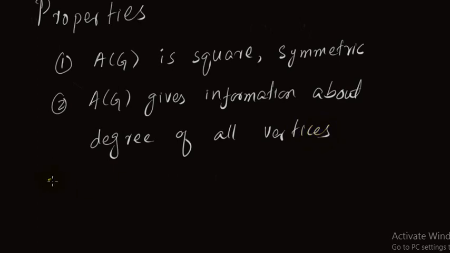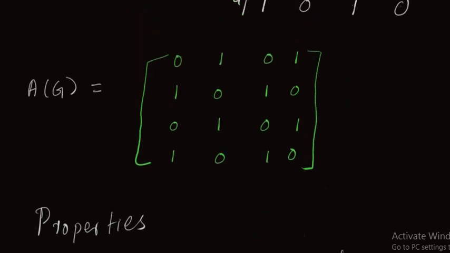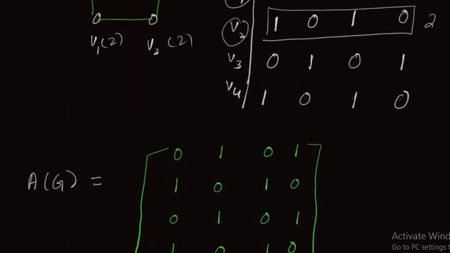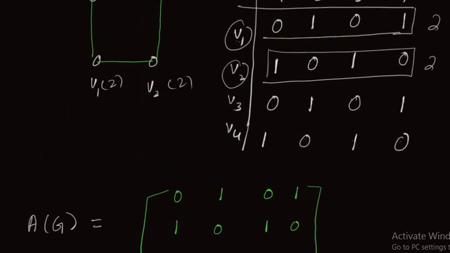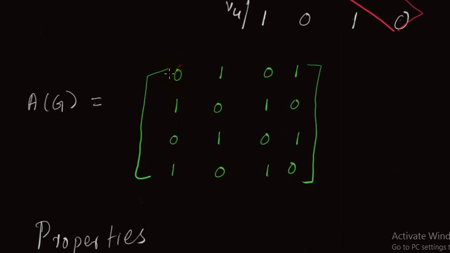Now we move to the third property of the adjacency matrix. In this adjacency matrix, we see that all the diagonal entries are 0. Here again both matrices are same.